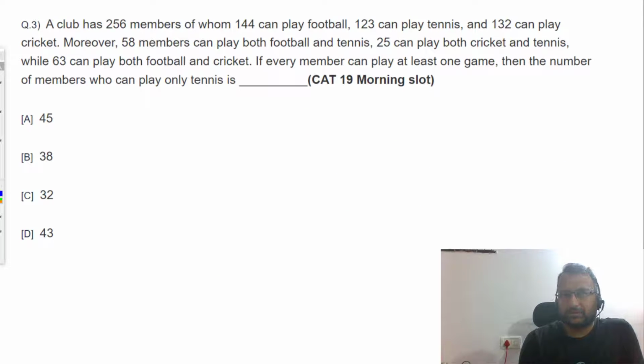Then question number 3. A club has 256 members, of whom 144 can play football, 123 tennis, 132 cricket. 58 play both football and tennis. Hold on, let's draw the Venn diagram over here.